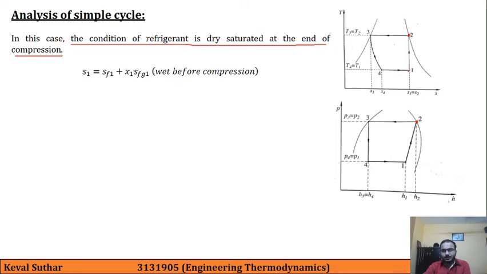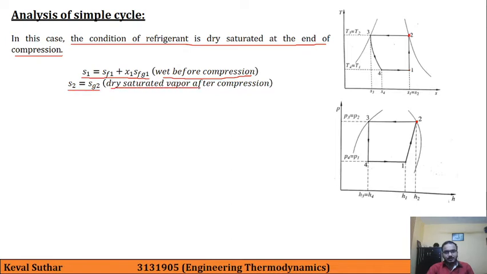So S1 will be given by this formula, SF1 plus X1 SFG1, that is, wet before compression. Next, S2 is equal to SG2, so dry saturated vapor after compression. Why? Because this is purely a dry saturated vapor at the end of compression.